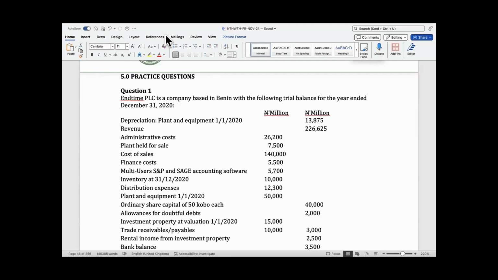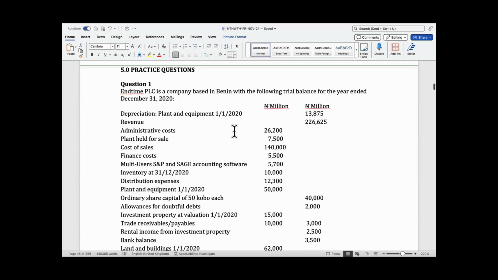Okay, so let's solve questions now. Do you have any question? Okay. Now, usually your number one question would usually require that you present or prepare financial statements.